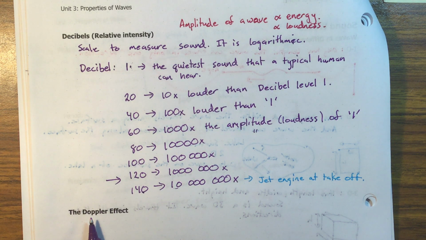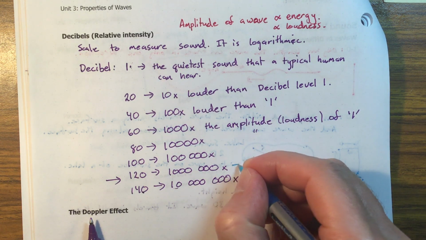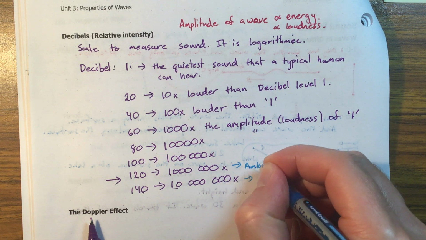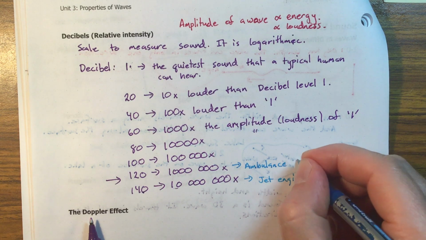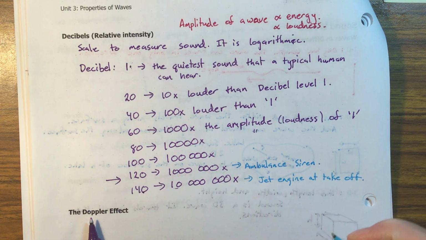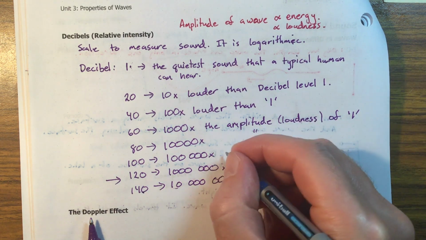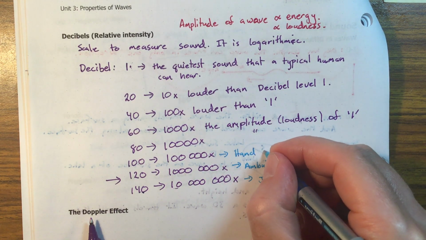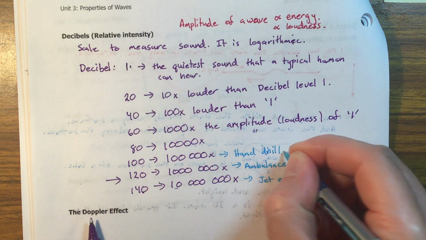You need to wear something on your ears or you will wreck them at 140. 120, typical ambulance siren when you're right next to it. 100 is about a hand drill. Still, for prolonged periods of time, you want to be wearing protection for this.